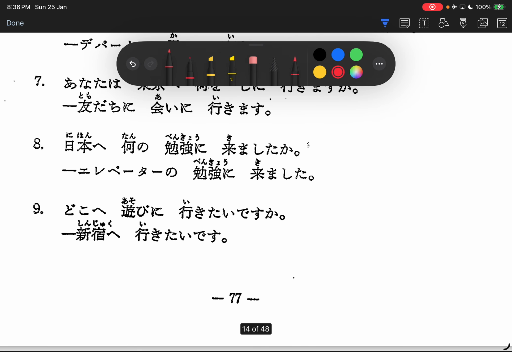遊びに行きます。遊びに行きたい。So we can even change the form for the second verb. 遊びに行きました。For the purpose of playing, I went. So we can use past tense as well. 遊びに行きませんでした。Like didn't go plus past tense.